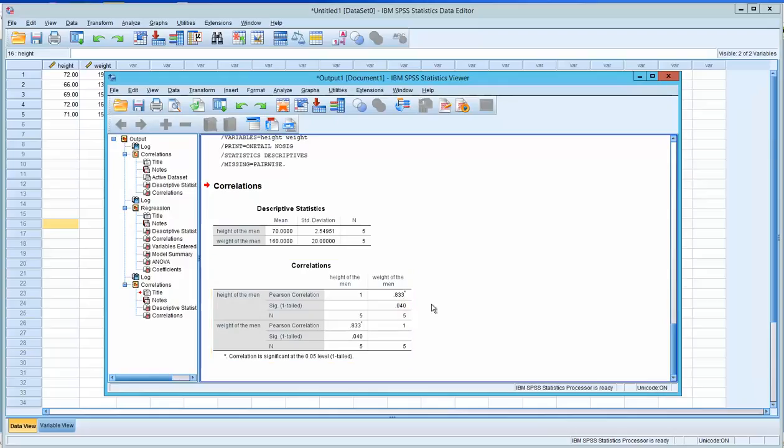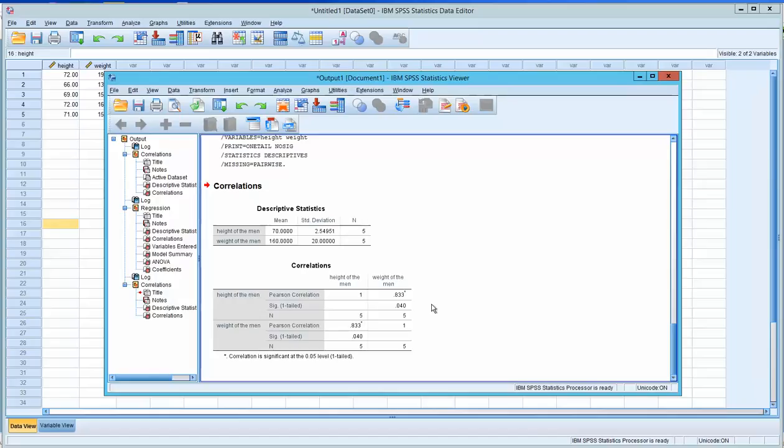If the probability is 0.05 or less, in other words, 0.05, 0.04, 0.03, 0.02, 0.01, anything of this nature is statistically significant. It is good. If the probability is 0.06, 0.07, 0.08, 0.09, anything of that nature is not good.